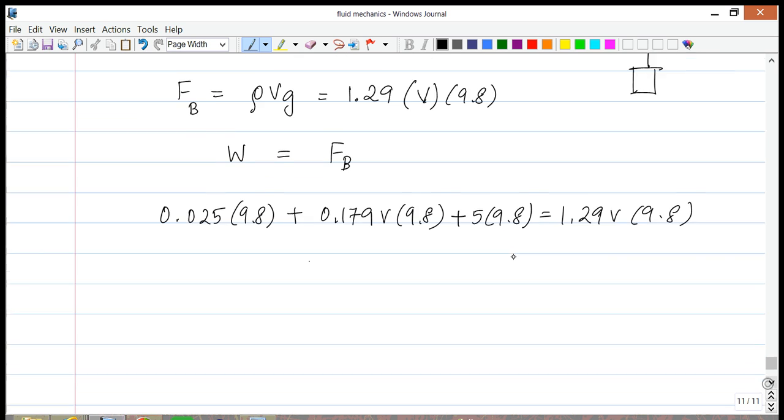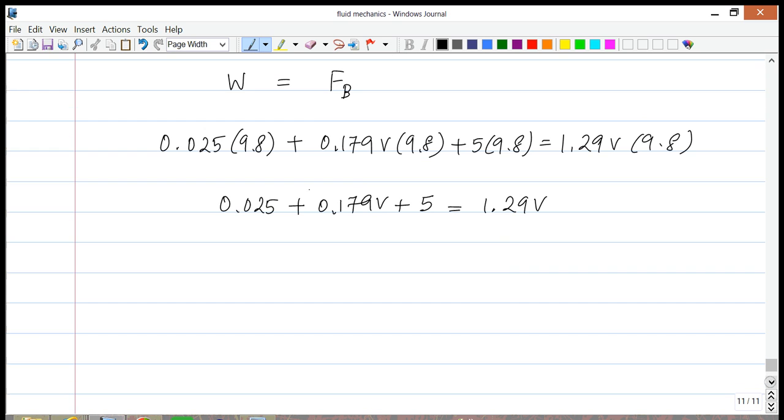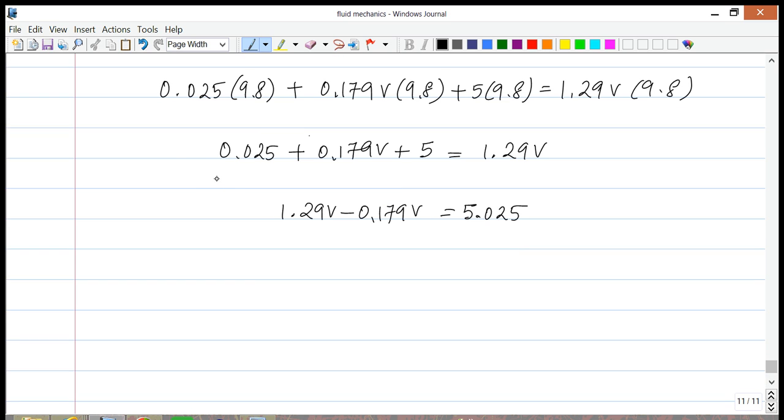The reason I left all the 9.8s is that I can factor them out and write this as 0.025 plus 0.179 V plus 5 equals 1.29 V. Now I can combine like terms: 1.29 V minus 0.179 V equals 5.025. Simplifying further, I get 1.111 V equals 5.025, and this gives me the volume.